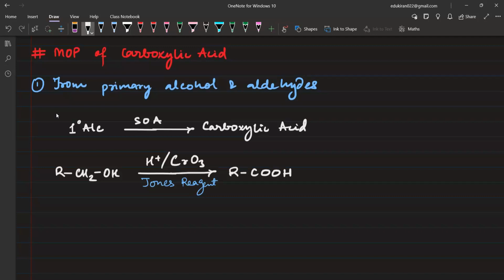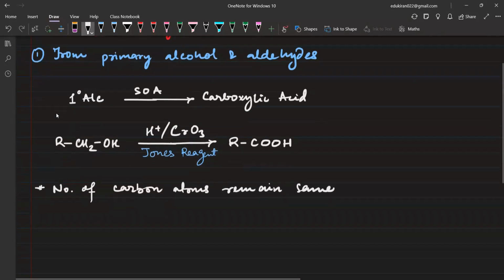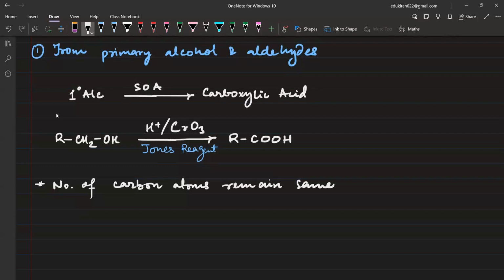Now, important part here is number of carbon atoms remain same. Similarly, for example, you can write CH3CH2OH, it will give you 2 carbon atoms, CH3COOH.